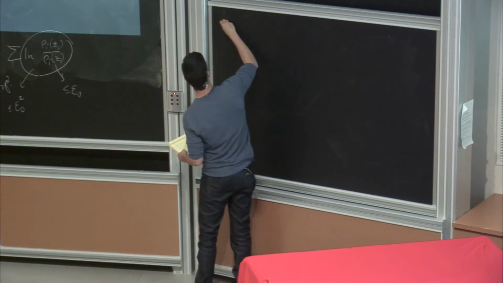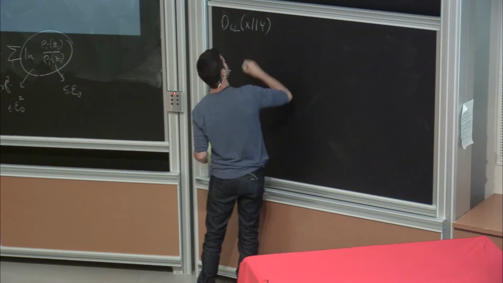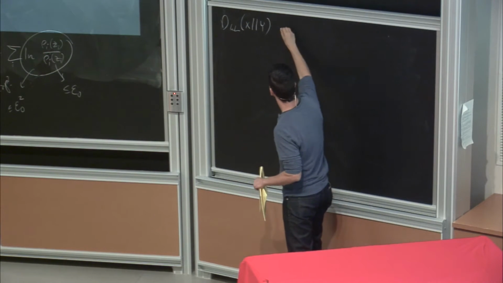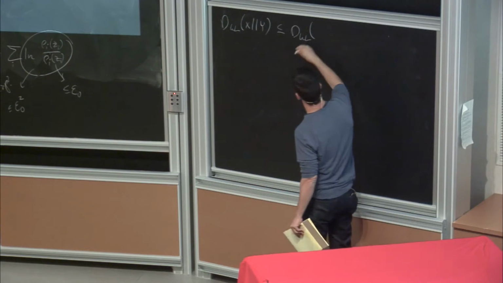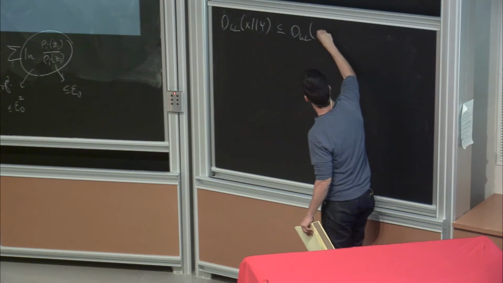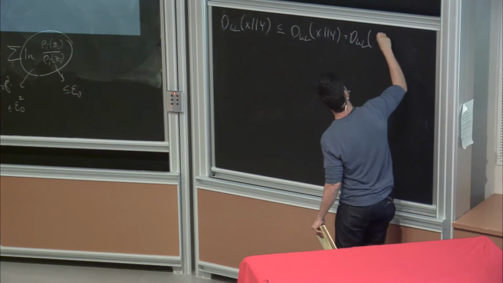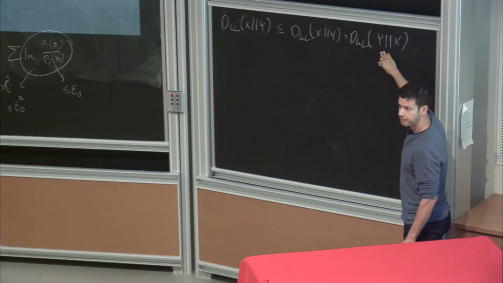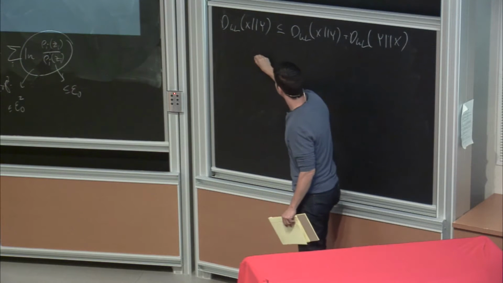The only non-trivial property I'm going to use is non-negativity of KL divergence. This is something many of you know, you get it from the log sum inequality. All I'm using is that the KL divergence from x to y is bounded by the divergence from x to y plus the divergence from y to x, because this quantity is non-negative. KL divergence is always non-negative. That's this quantity, and let's spell out what that is.